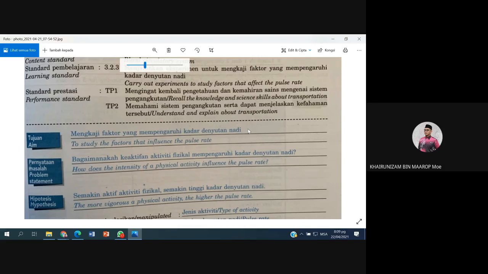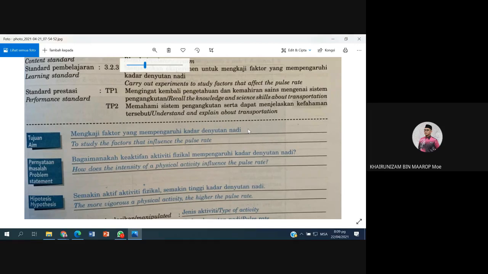What's the normal pulse rate? It is 120. That is a measurement of blood pressure. So the measurement of blood pressure must be 120 over 80 millimeter mercury. That is the blood pressure.